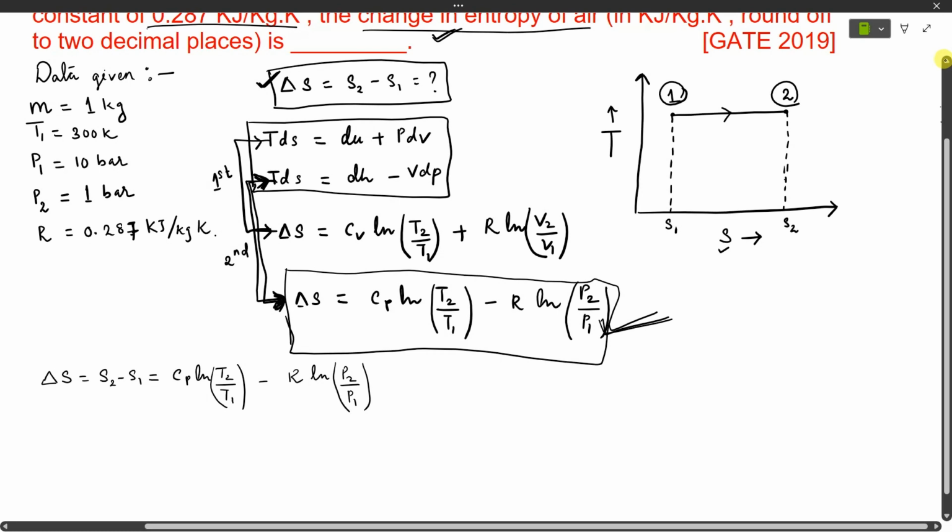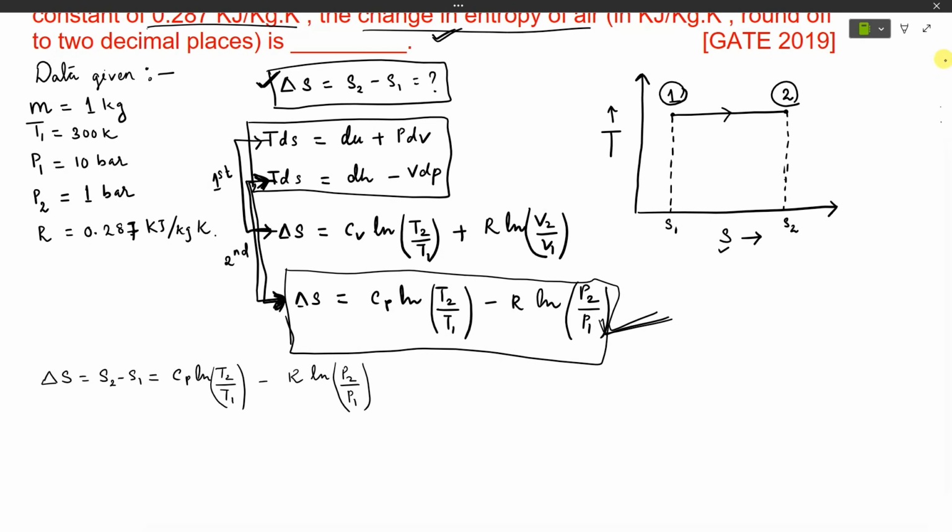Now in this question we have the temperature value, the gas constant and the pressure value. As the process is isothermal expansion, we can say that temperature is constant. So T1 is equal to T2. In place of T1 we can write T2, or in place of T2 we can write T1.